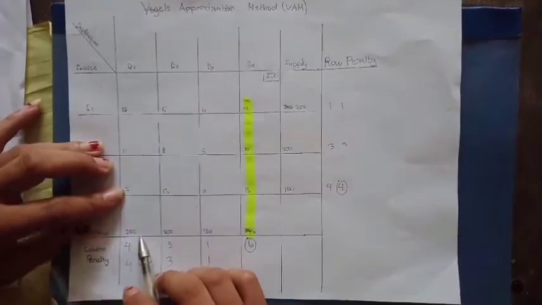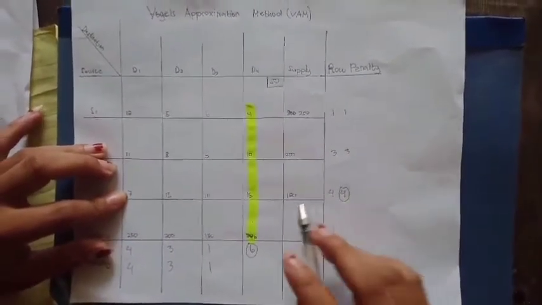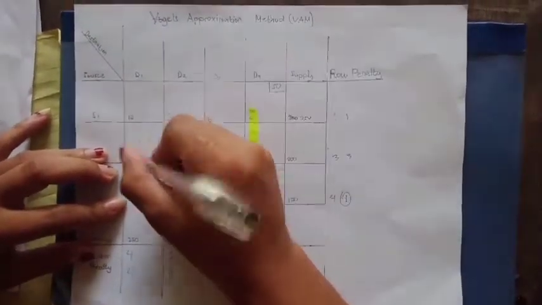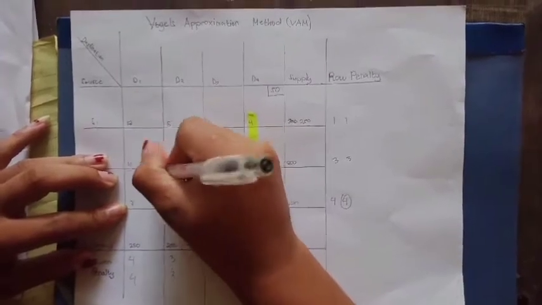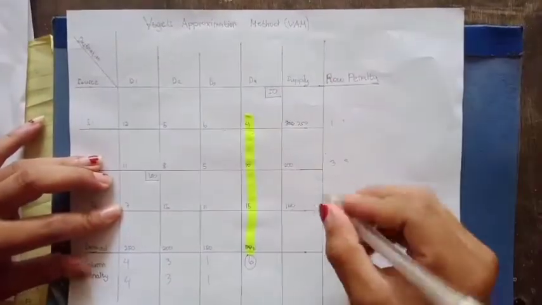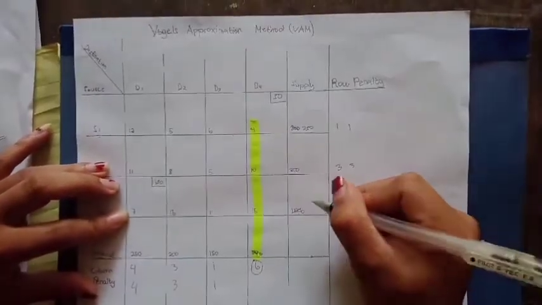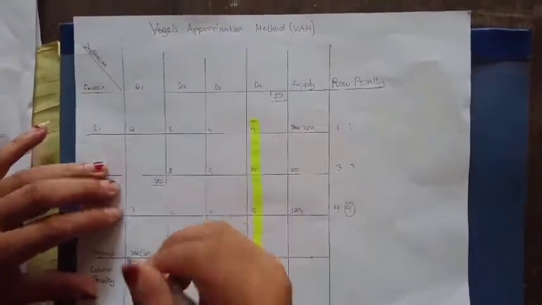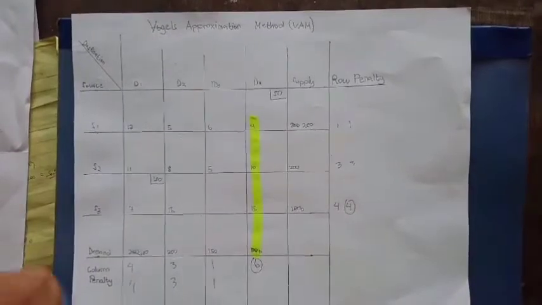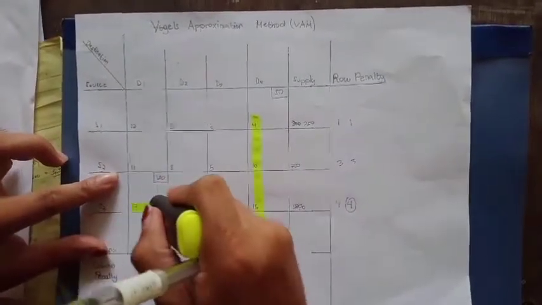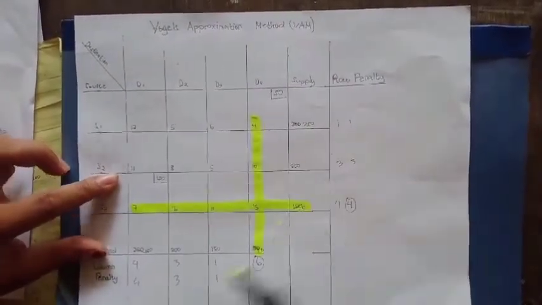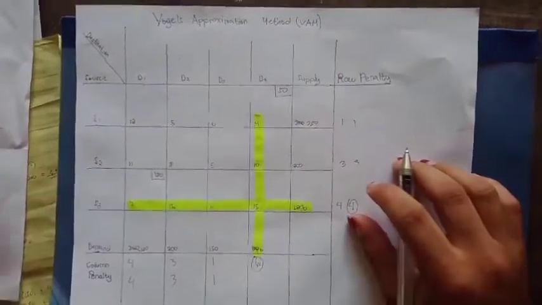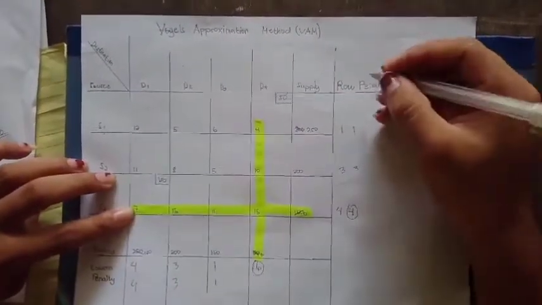So we have a demand of 250 and a supply of 150, so we need to allocate 150 here. So this will become 0, and then this will become 100, and this is already satisfied.